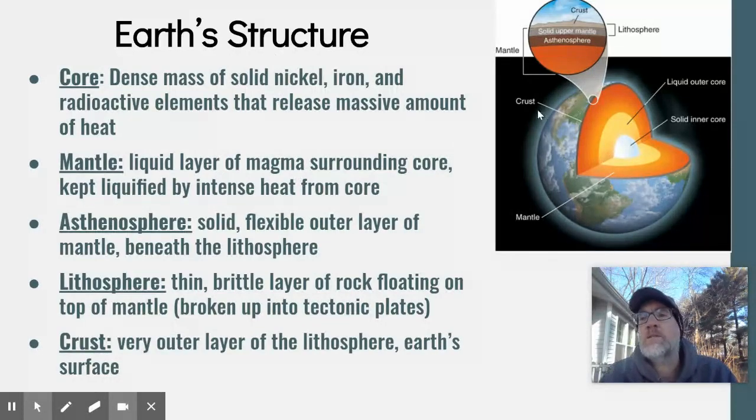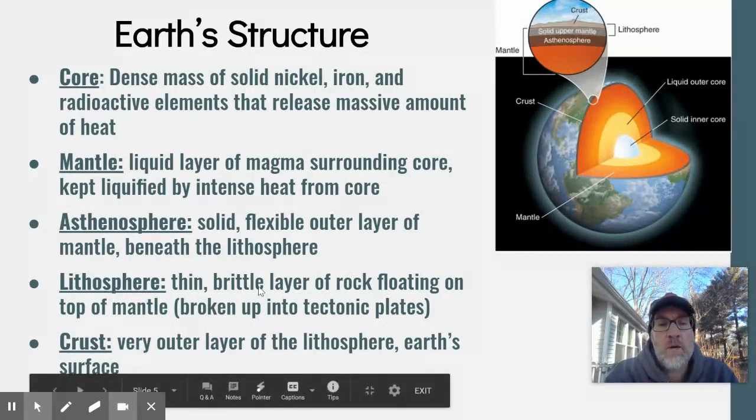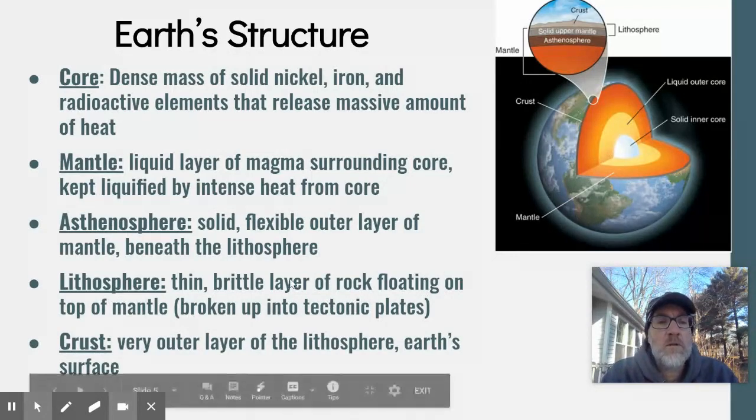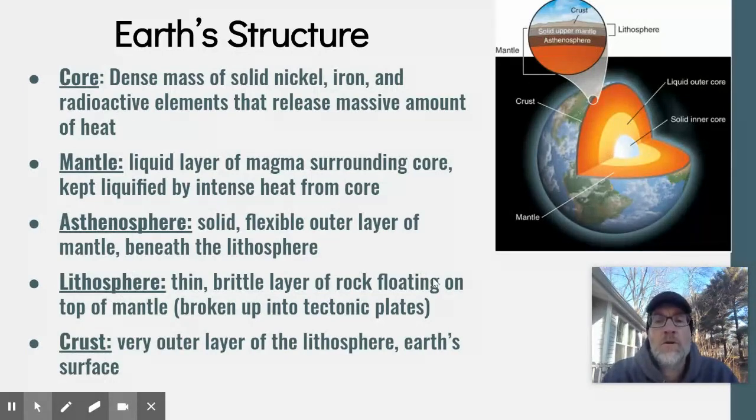And then there's the asthenosphere, which is a solid, flexible outer layer beneath the lithosphere. The lithosphere is a thin, brittle layer of rock that floats on top of the mantle. This is where we spend a lot of our time. Actually, the crust is where we're living right now, the very outer layer of the lithosphere. If we were to dig down, looking for minerals, typically those are coming from the lithosphere.